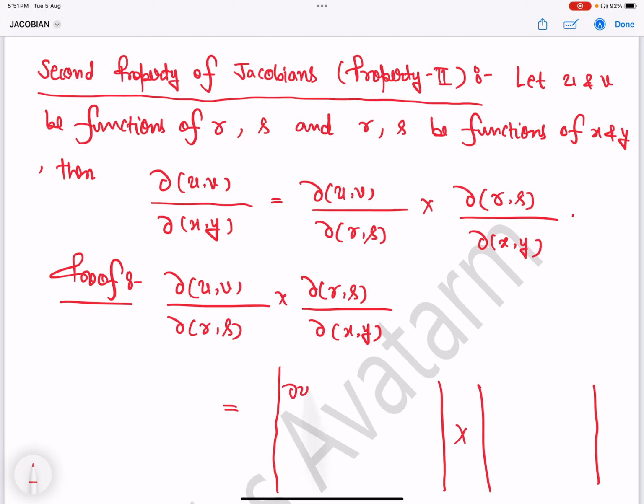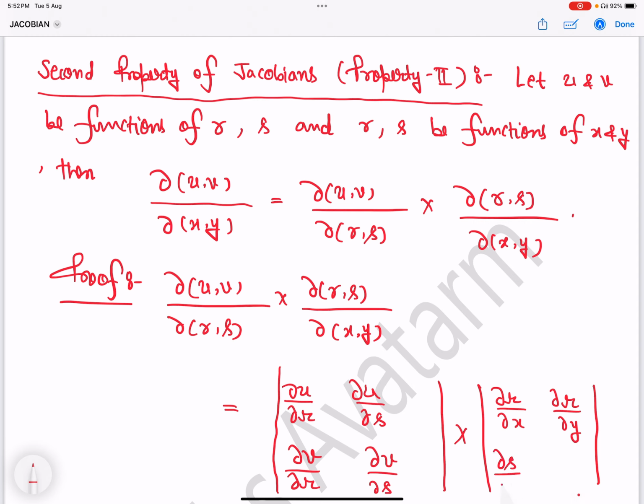It is the determinant of del U upon del R, del U upon del S, del V upon del R, del V upon del S, multiplied by the determinant of del R upon del X, del R upon del Y, del S upon del X, del S upon del Y.